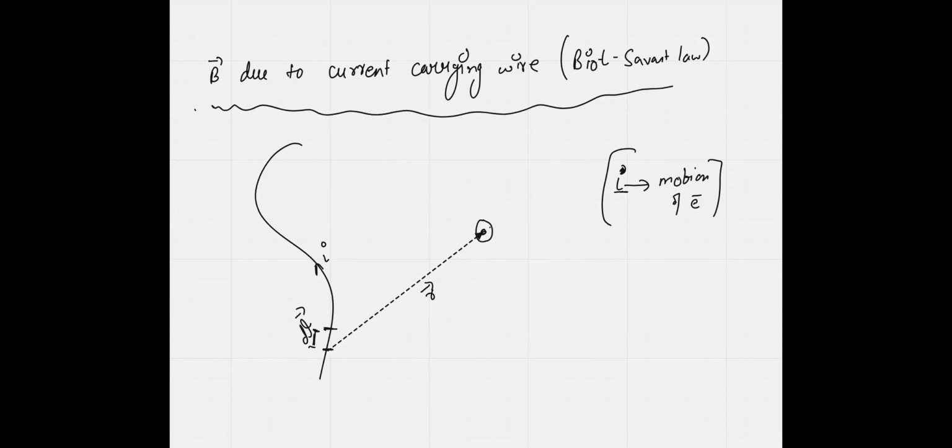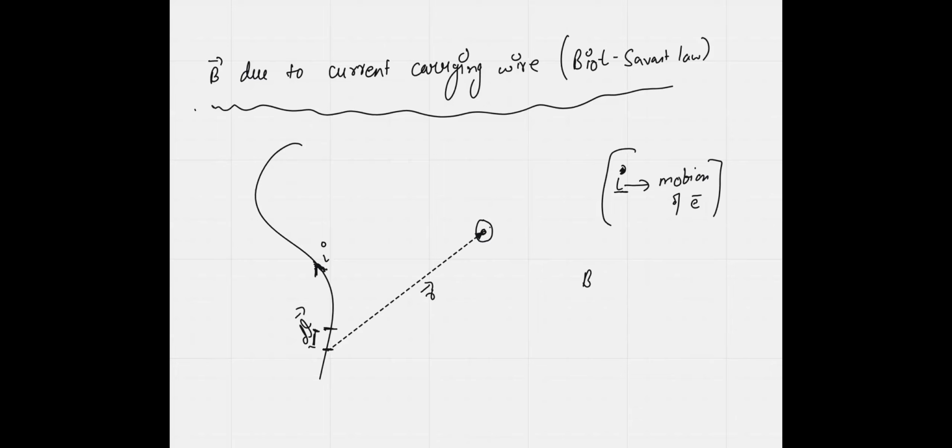Because current is going this way, can I say my electrons are moving in this direction? And B was dependent upon the q. It means if due to positive charge I was getting direction as this, can I say due to negative my direction should be this?